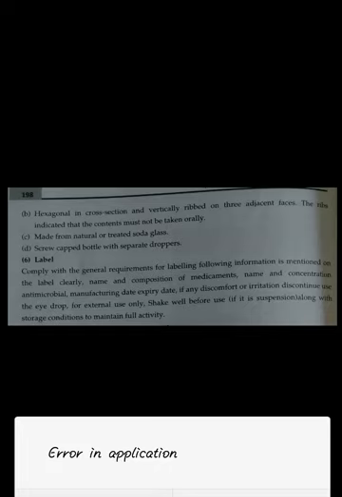It should comply with the general requirements of labeling. The following information is mentioned on the label clearly, which means which information should be labeled. Name and composition of medicaments, name and concentration of antimicrobial, manufacturing date, expiry date.